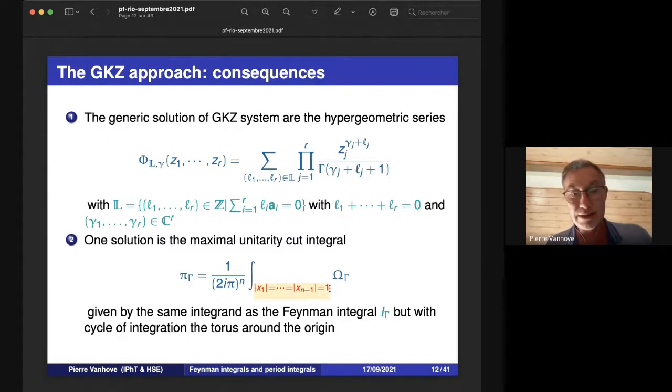But in a case where the integral is finite, you just take the same as before, but you just change the domain of integration to the torus, and then this is one of the periods of the geometry that is defined by the singular locus. I still haven't told you what kind of geometry it is, and it is actually given by the GKZ system of differential equations.